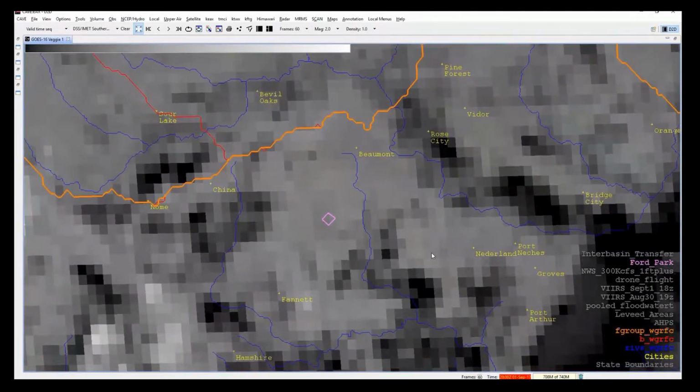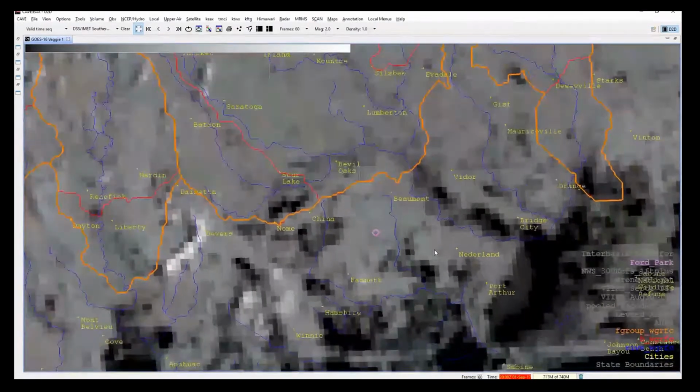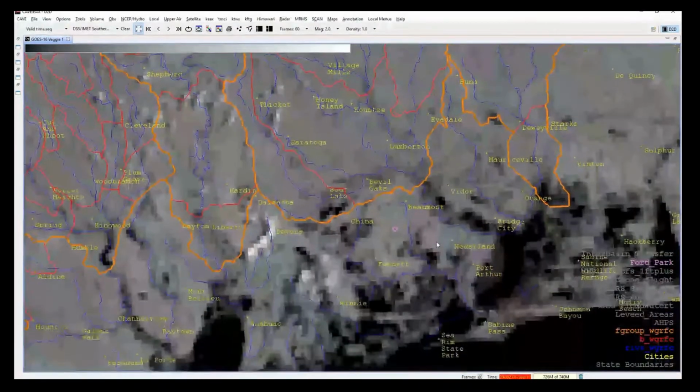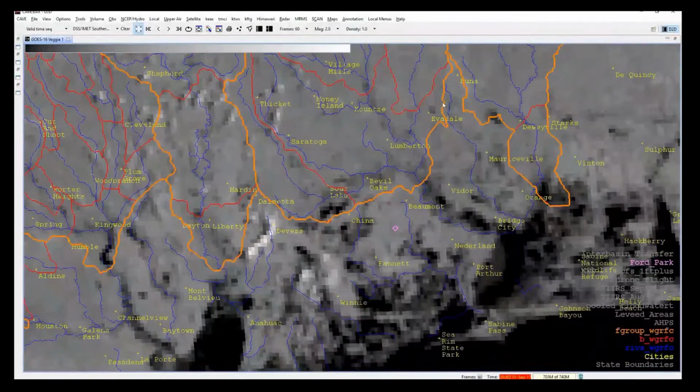If you zoom out just a little bit, you can see that the basin boundaries for forecast basins end a little bit north of Beaumont there. And they needed to know if the flows that were coming down the Neches River, which is right here, this is the Neches, were they going to be impacted by that?